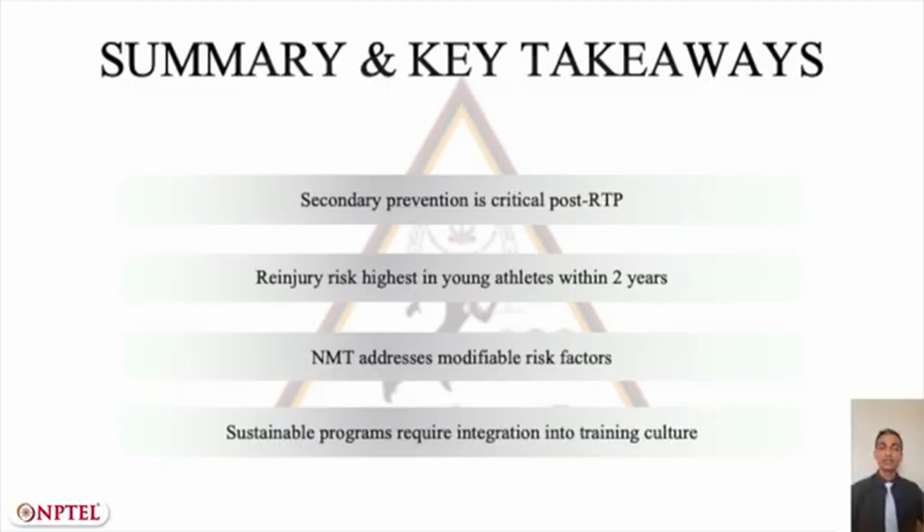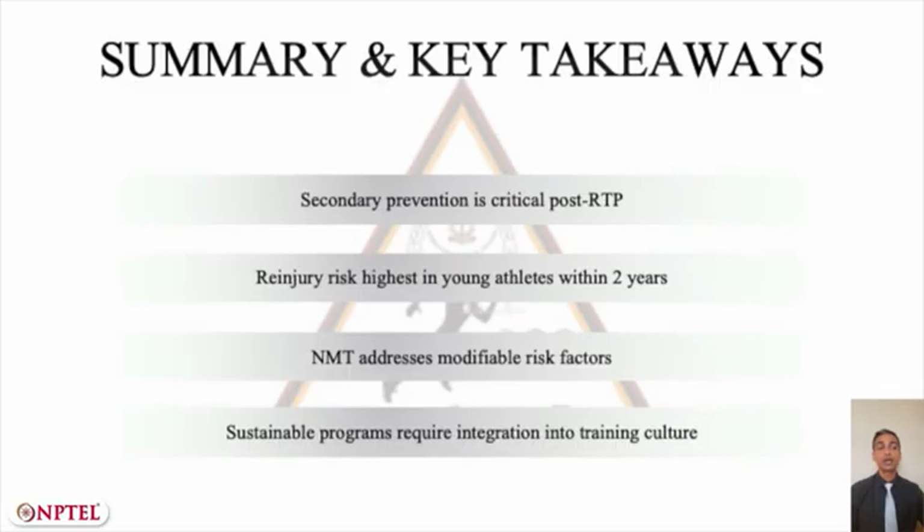The key takeaways from today's lecture are that secondary prevention is critical post return to play. The risk of re-injury in the first 2 years is very high, and hence this makes secondary prevention an essential part of the rehabilitation. Neuromuscular training addresses modifiable risk factors, and since they are modifiable, these injuries are preventable as well.